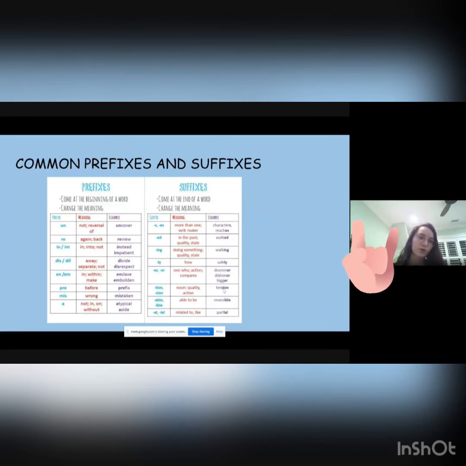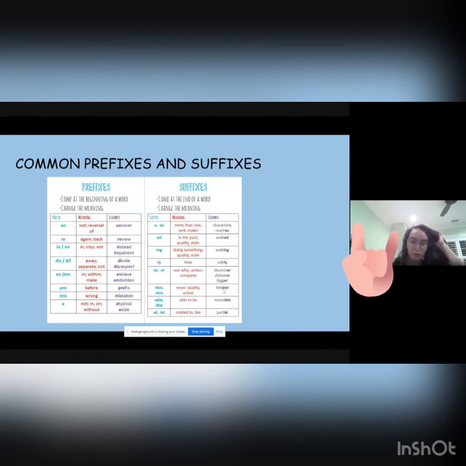A prefix could be un, which means not or reversal of. An example is uncover. Instead of covering it, you're uncovering it, which is the reverse of that, which means to take it off, to show it. We also have re, which means again or back, and review.